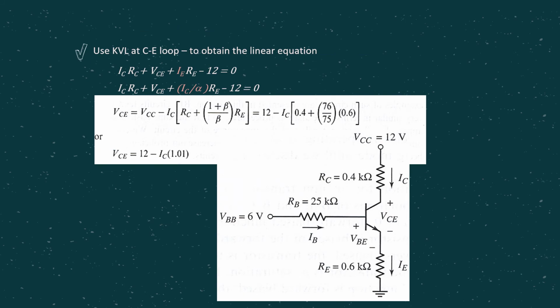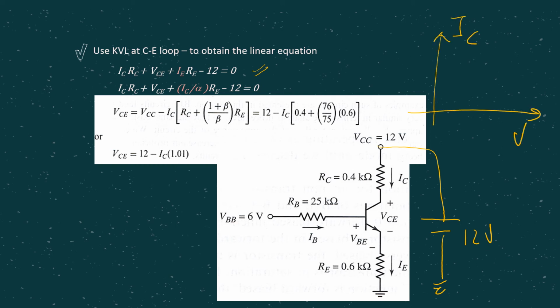Then let's continue with KVL at the CE loop. If we do the KVL equation, we are supposed to get this equation. But take note that we are talking about the output load line, which is IC versus VCE. In this case, this is our IC, this is our VCE.